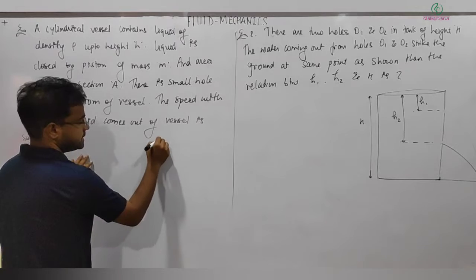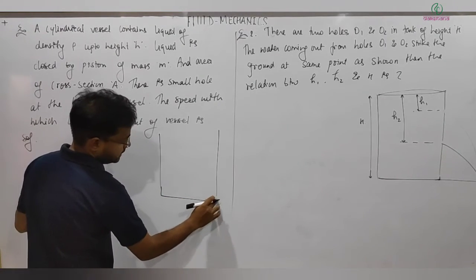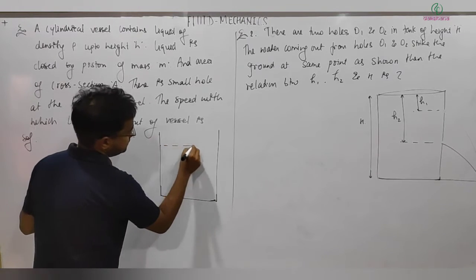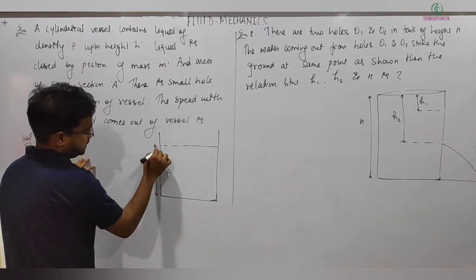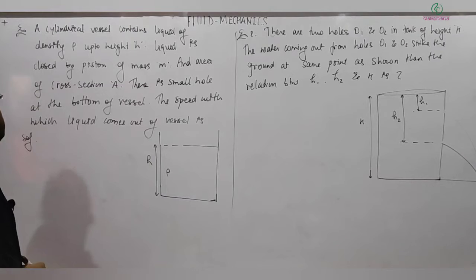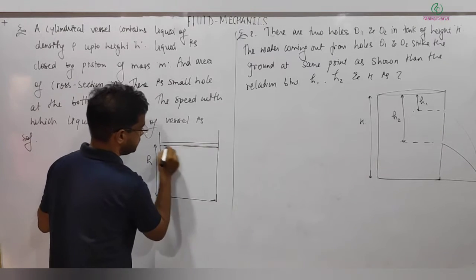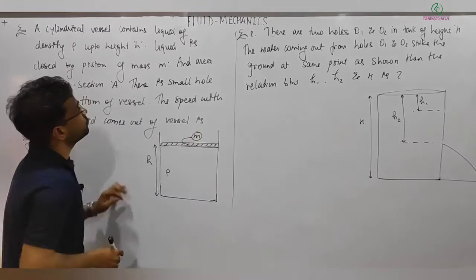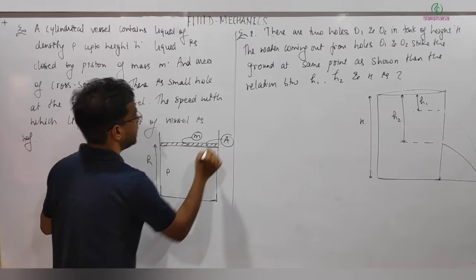So here we have a cylindrical vessel containing liquid of density rho up to the height mentioned as small h, and the liquid is closed by a piston of mass small m. And the area of cross section for this is capital A.